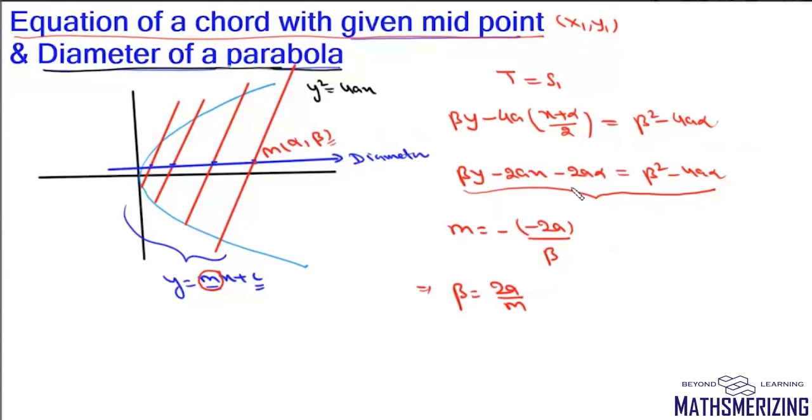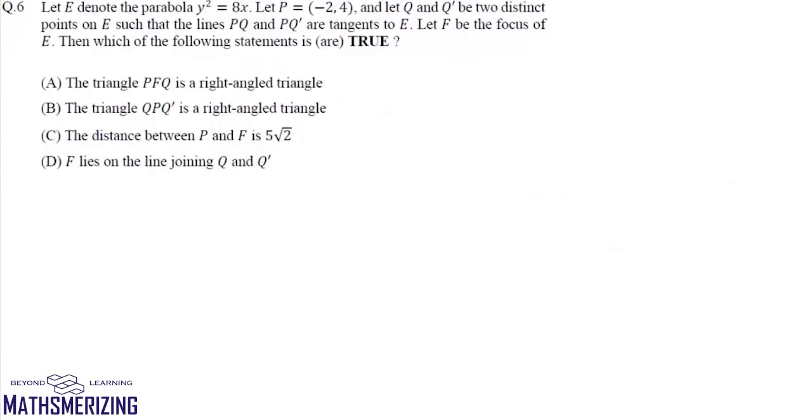Now we replace alpha with x and beta with y, so we get y equals 2a by m. So the equation of a diameter of a parabola y square equals 4ax will be y equals 2a by m. It will be a line parallel to the axis of the parabola and at a distance of 2a by m units from the origin.